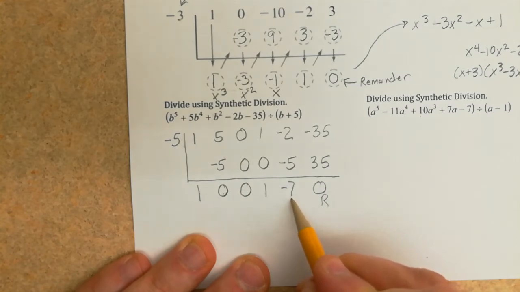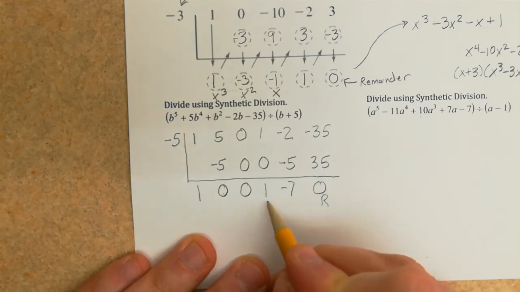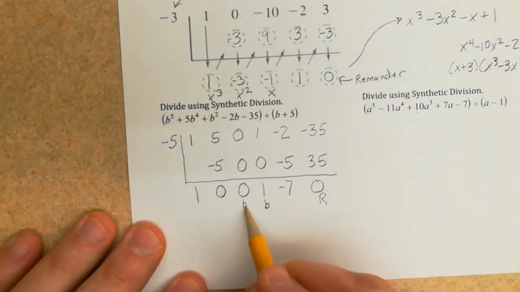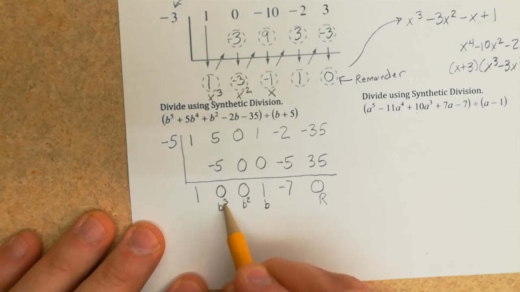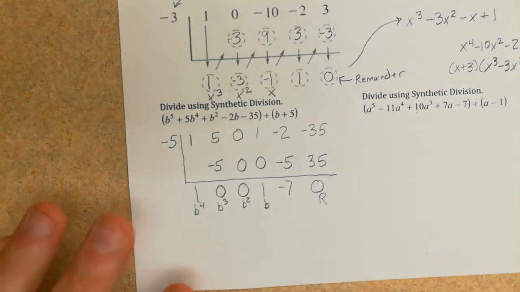This is our constant in the polynomial that is our quotient. This is the constant. This is the linear term. There's b's here, so I'm going to put a b. And then this would be our b squared term, or b to the third, and b to the fourth. Notice we have some zeros this time. That means I'm not going to have those terms.